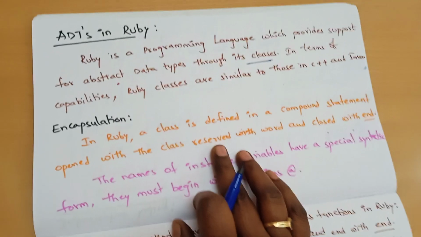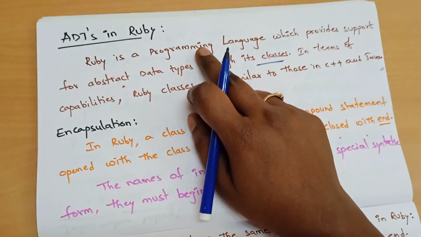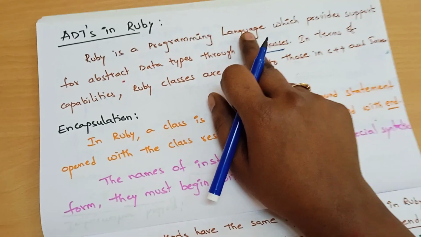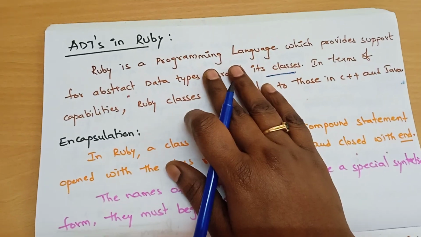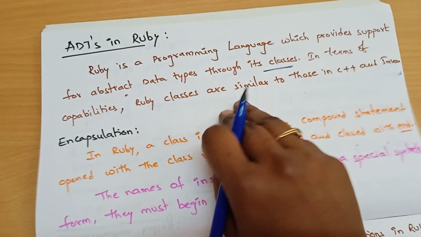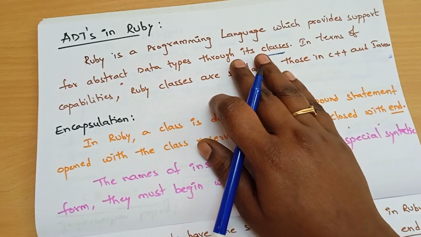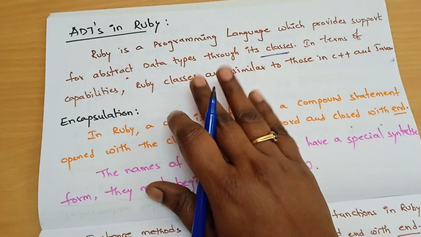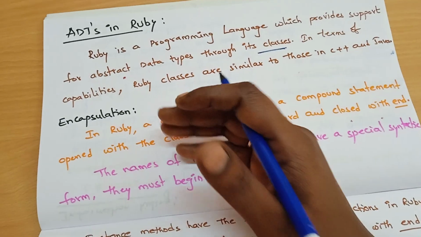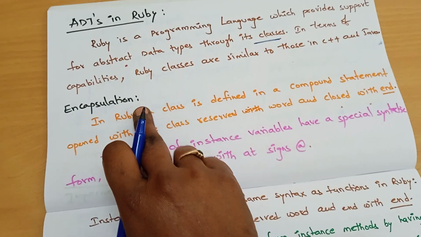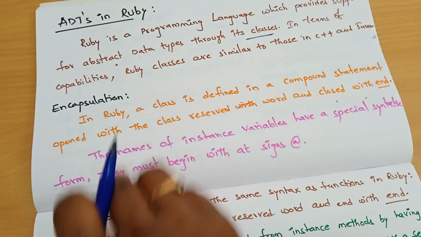As I told, it is an object oriented programming language, and it is also a script based programming language. It supports all the features of object oriented programming. So we'll see how encapsulation is supported.